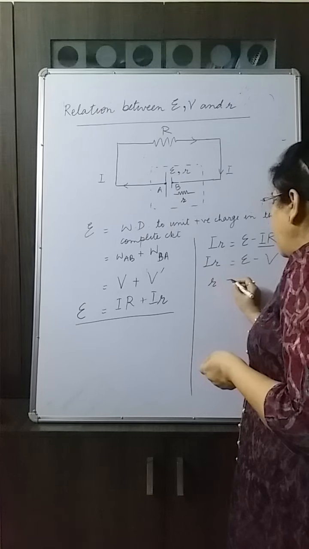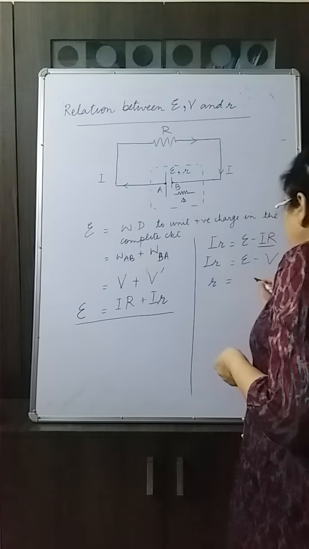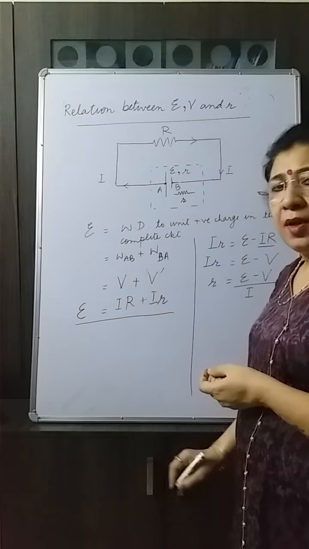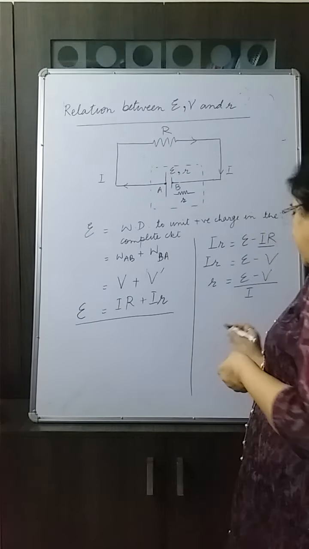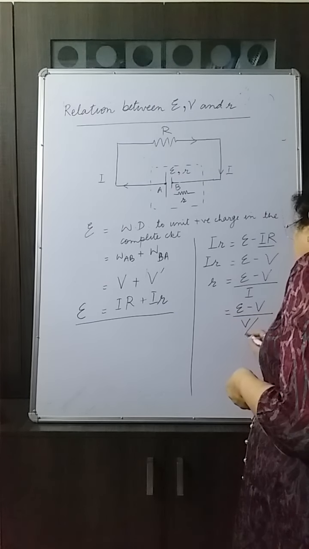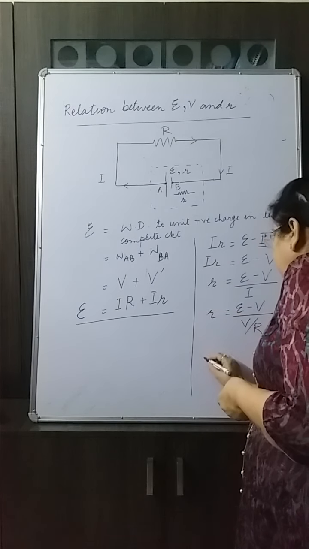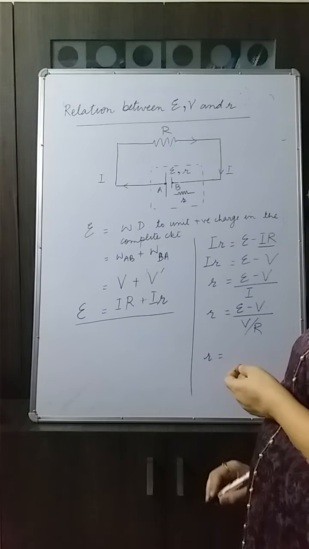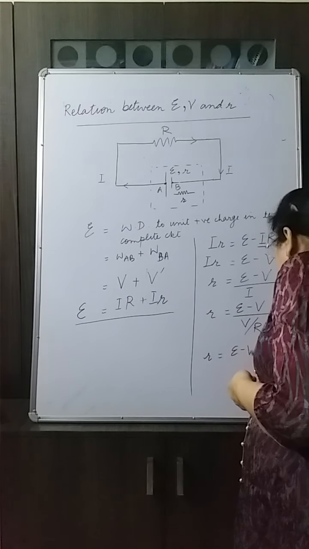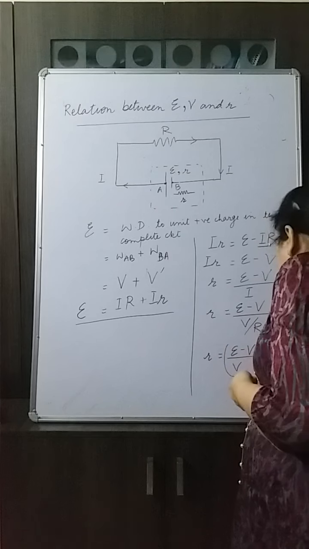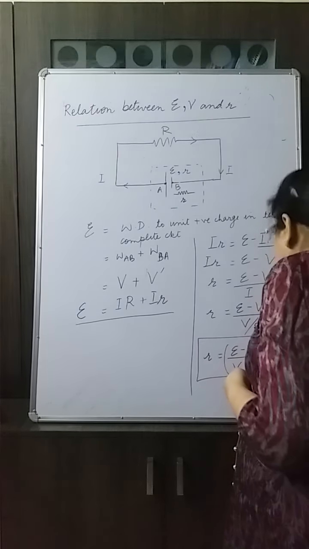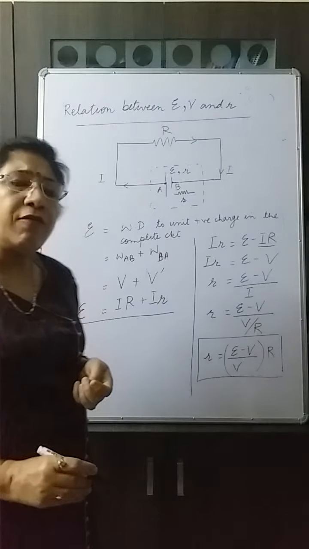or small r, the internal resistance, is equal to E minus V upon I. Again, for I we can write E minus V upon V by R. We can take R to the numerator. We get this relation for the internal resistance of a cell.